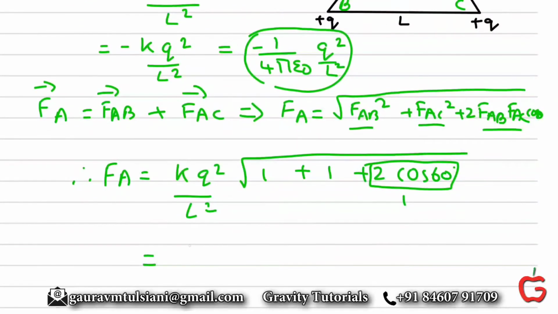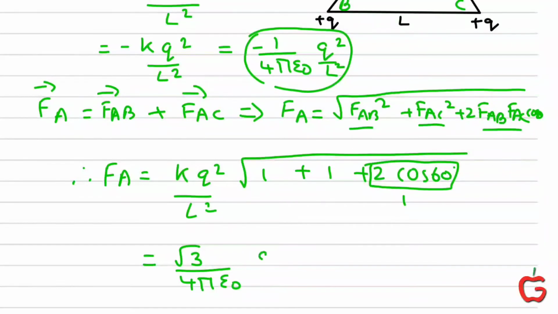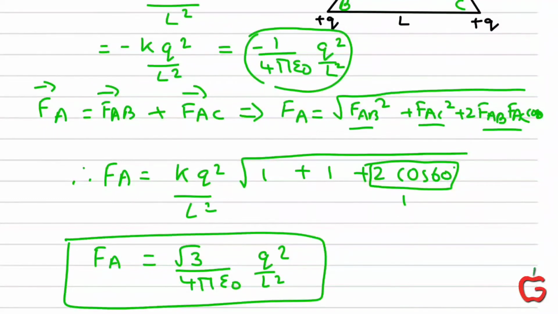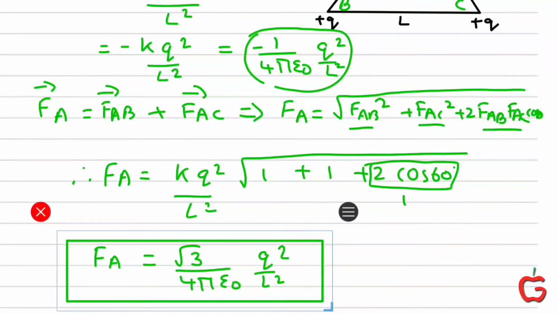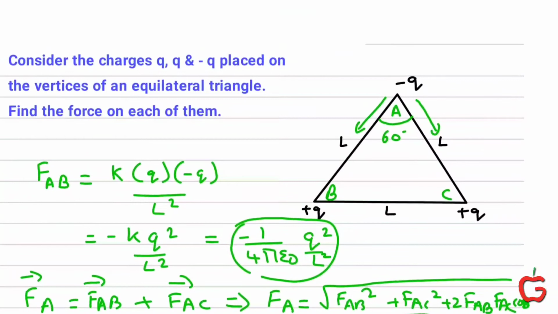So the net force on the charge placed at A is root 3 times KQ square by L square. This is the total force on A. Obviously, the direction of this force is downwards, directed towards the midpoint of the line BC.